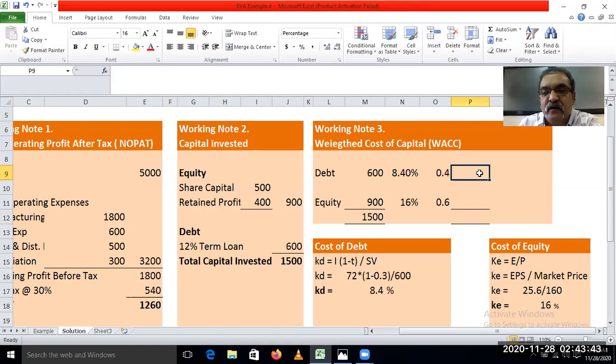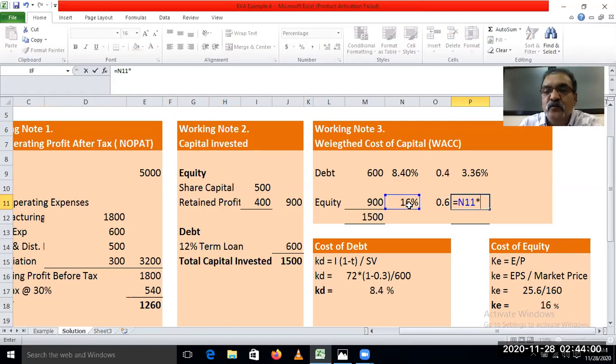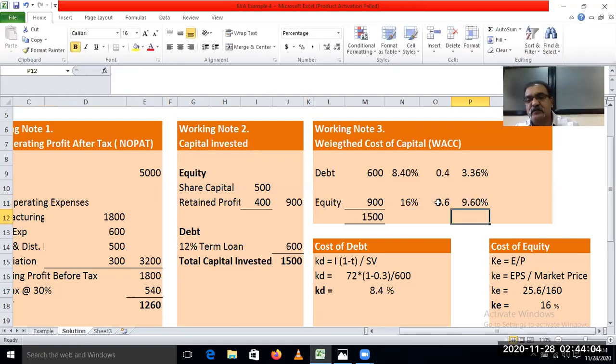Now we want to find out weighted cost, that is equal to specific cost 8.4 into weight proportion 0.4, that comes to 3.36%. Equity 16% into 0.6, that comes to 9.6%.